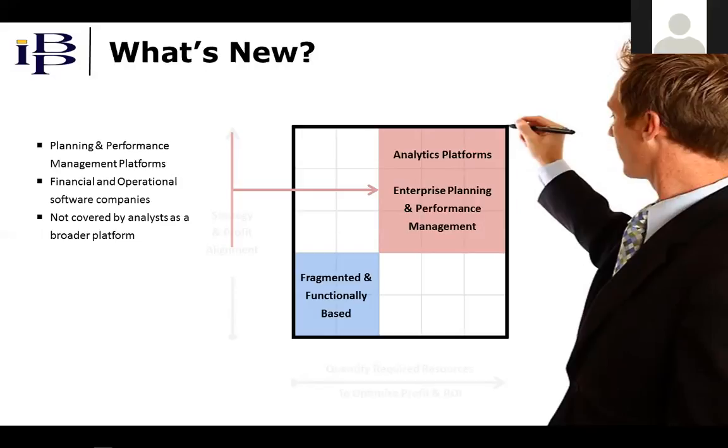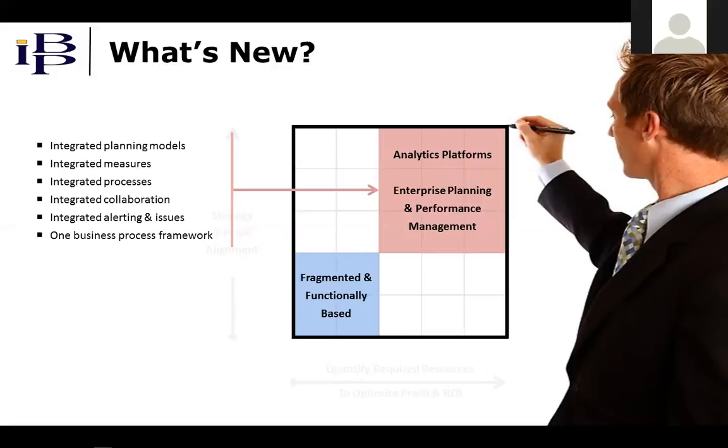So this convergence is starting to take place, where some of these platforms from a financial sense are offering support for operational processes, and likewise some of the operational ones are starting to support financial processes. And I'm not seeing this being covered by the analysts as part of a broader platform. If you look at how the analysts are looking at the market, it's still very functionally based. So what we're doing here is stepping back and looking at it from a broader perspective.